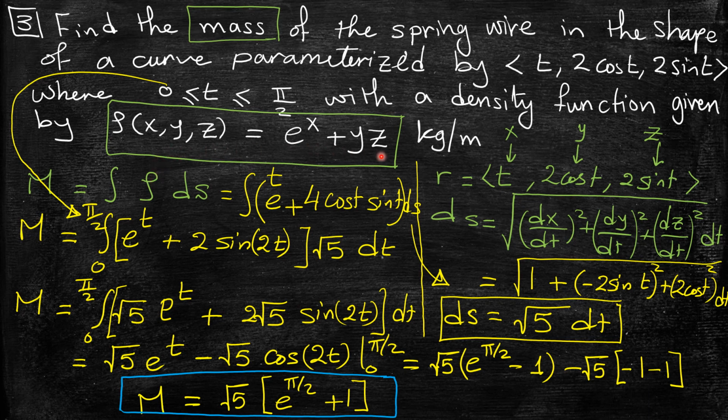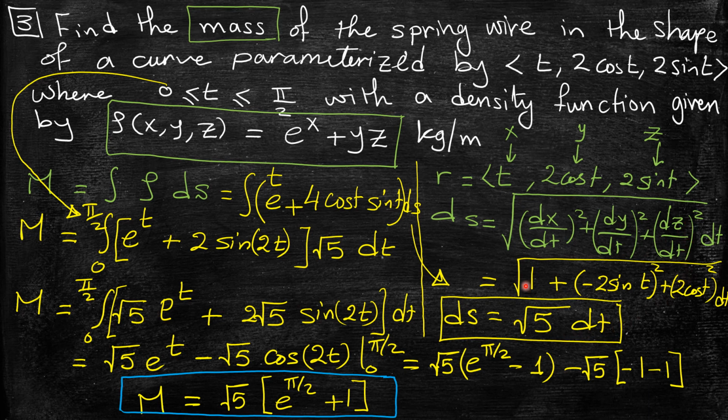So again, we have this density, which is linear density, meaning the mass per unit length. And we have this curve parameterized as a function of t. We got this ds from this simple formula: dx by dt squared, dy by dt squared, dz by dt squared.